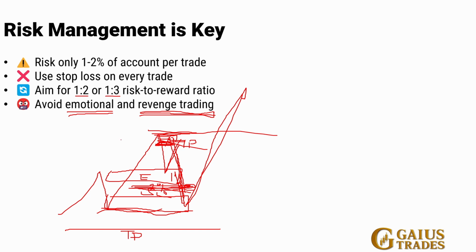Emotionally, you never did any analysis. You just saw, okay, my stop loss has been run over, so I need to recover these losses as fast as possible. So without a second thought, you enter without even calculating the lot size. You enter and you put, I don't know, your stop loss somewhere here. You're risking too much now because you entered emotionally.